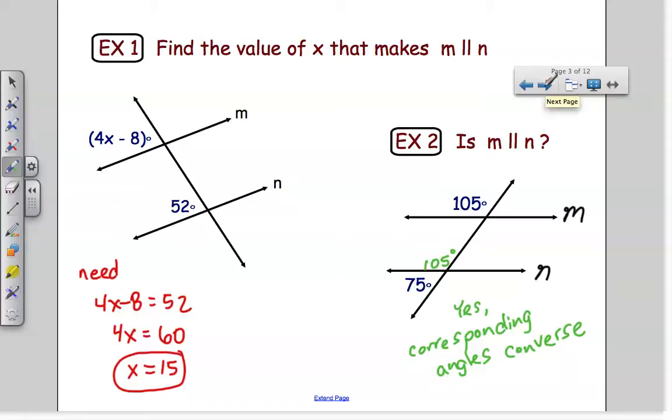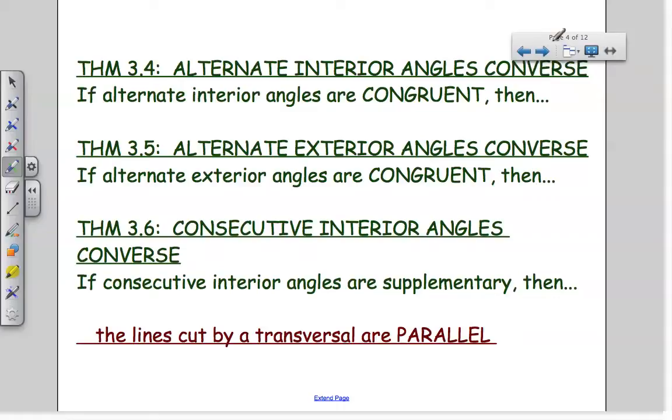Now, corresponding angles converse isn't the only converse we can have. We can talk about alternate interior angles. If we know that alternate interior angles are congruent, then the two lines cut by the transversal would have to be parallel. If we know that both alternate exterior angle pairs are congruent, then we know the lines cut by a transversal are parallel as well.